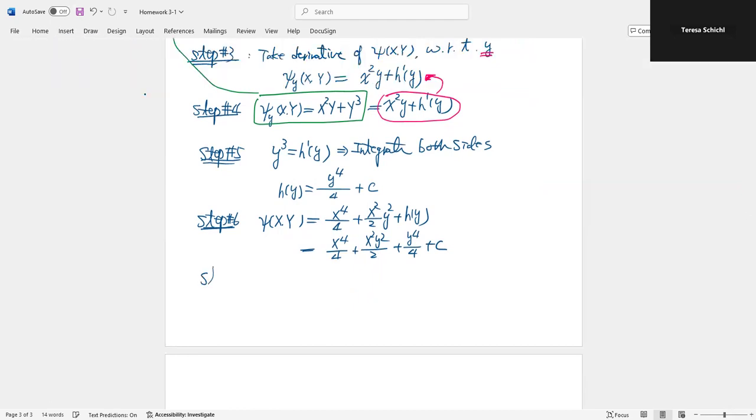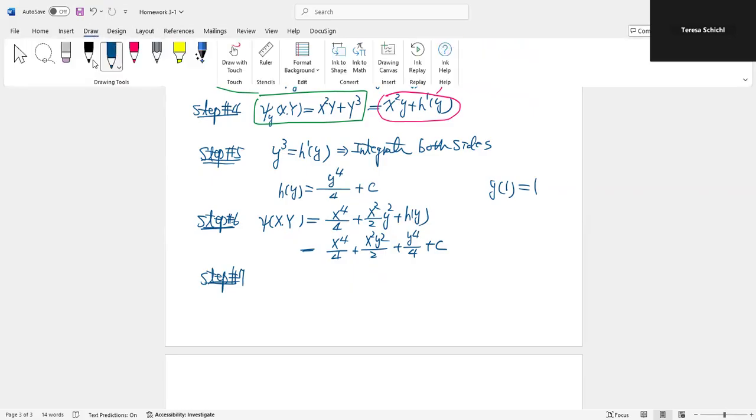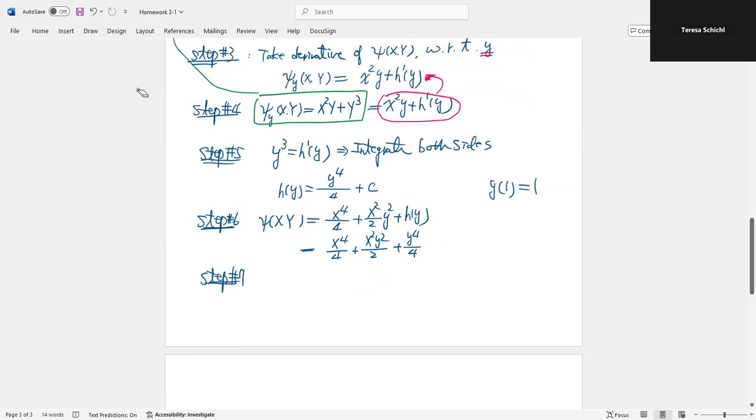We will substitute our initial value. My initial value is y(1) equals 1. So here Φ(x,y) is equal to my constant c.